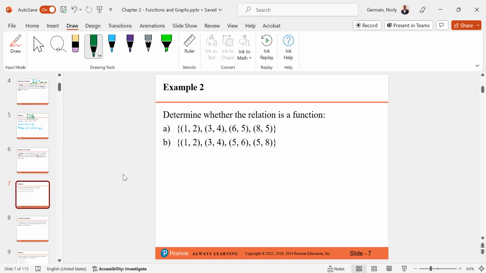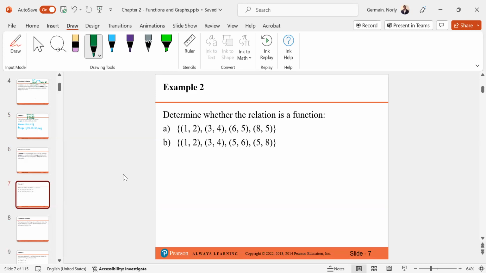Now, if we look at these examples, the first one, what they ask you to do, they said determine whether each relation is a function. So in order for me to verify if each relation is a function, I need to verify if each member of the first component corresponds to exactly one member of the second component.